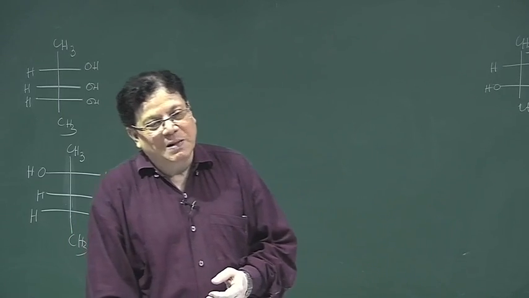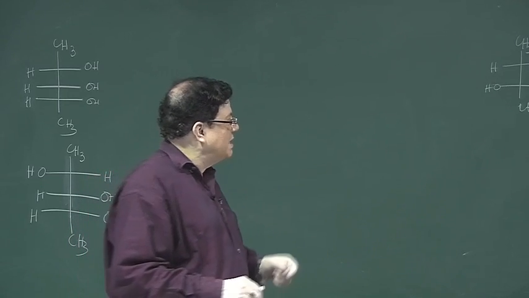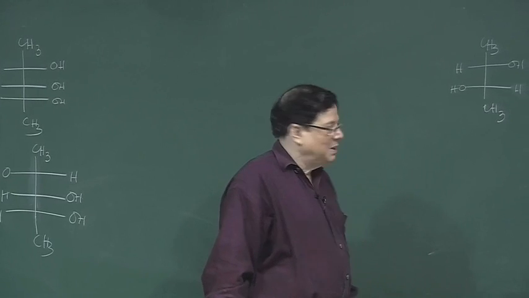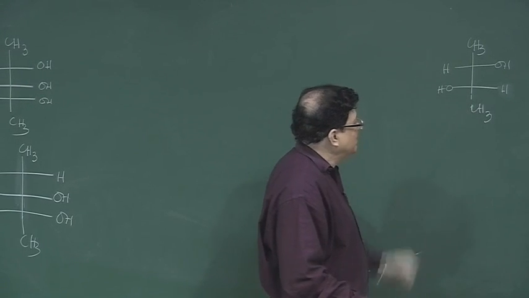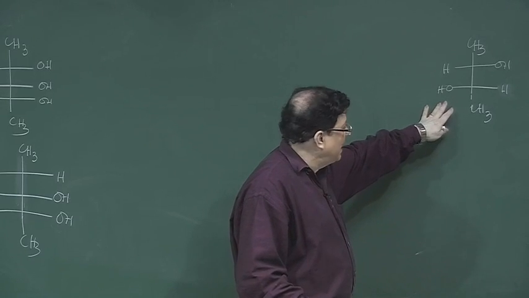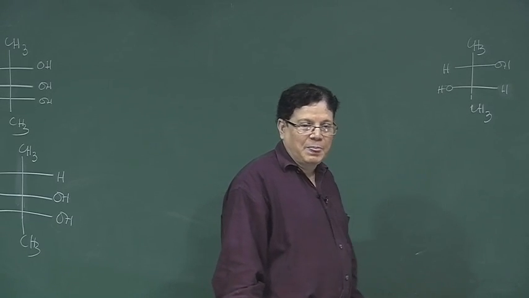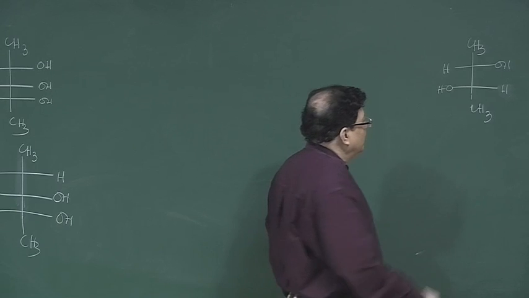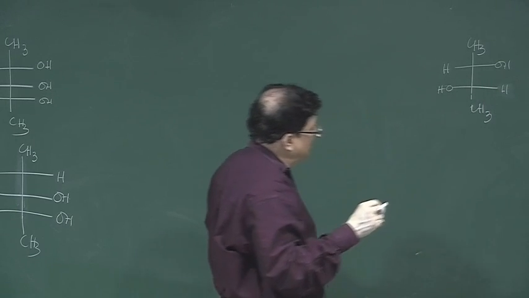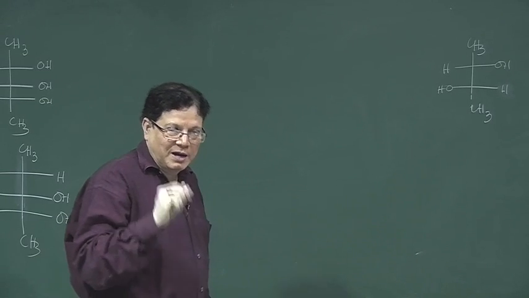So, what is the simplest example? The simplest example is this tartaric acid molecule. If you look at this, the Fischer projection of an optically active form of tartaric acid, it does not have any i axis, any S axis, or any sigma.